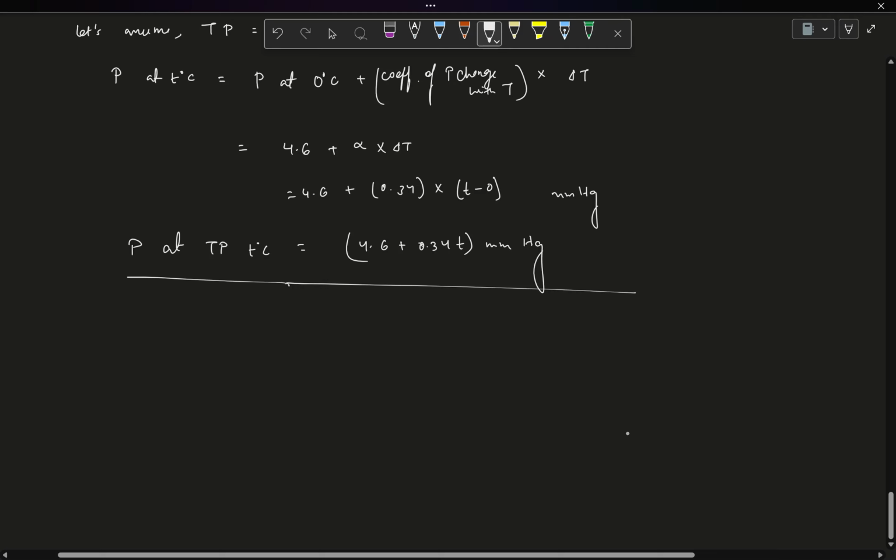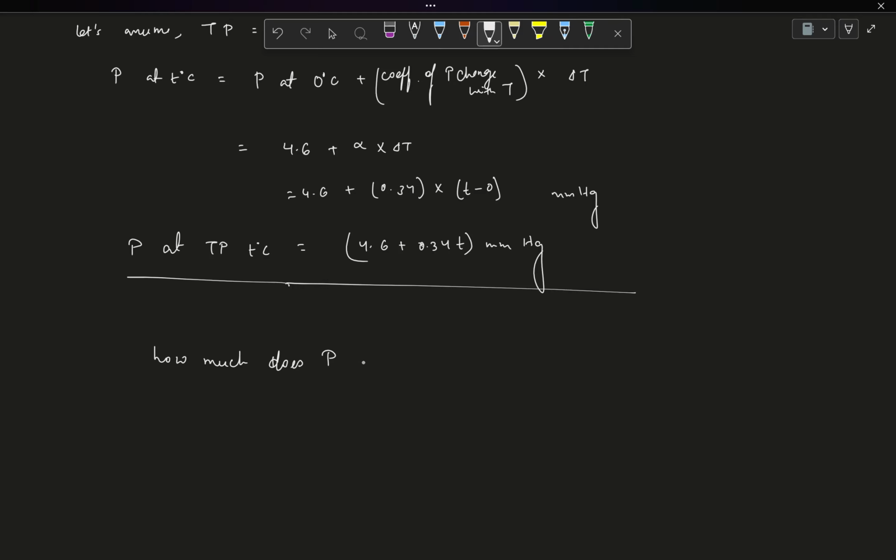Now, how much is the decrease in pressure at T degree centigrade due to the temperature change from 0 to T? To calculate the decrease in pressure, you have to take the difference.